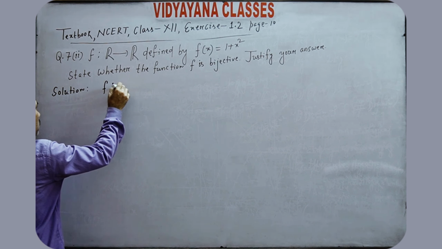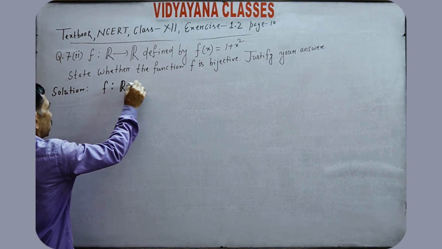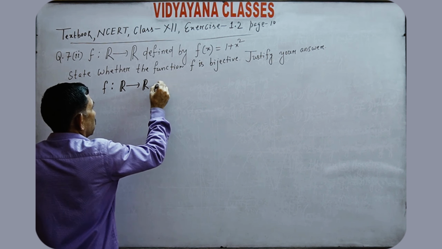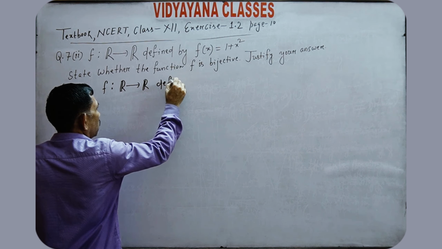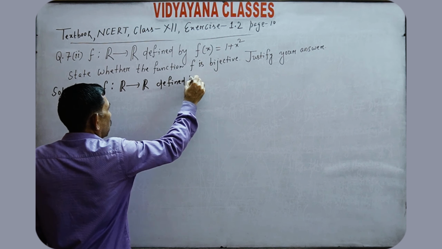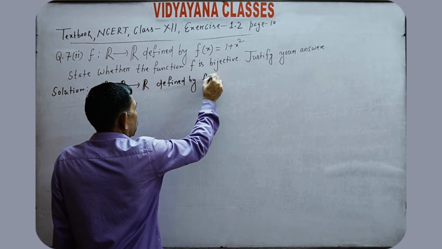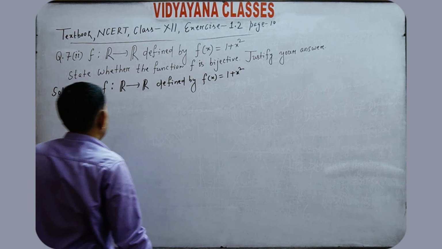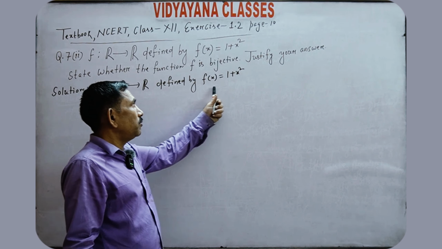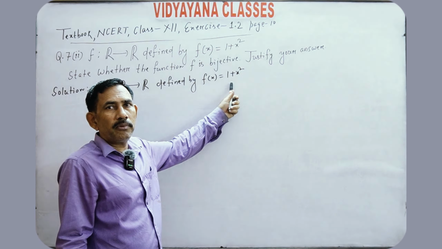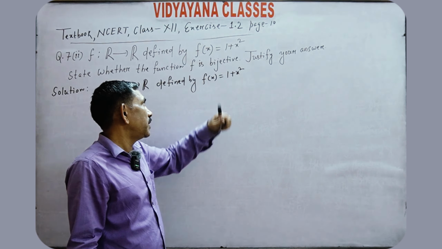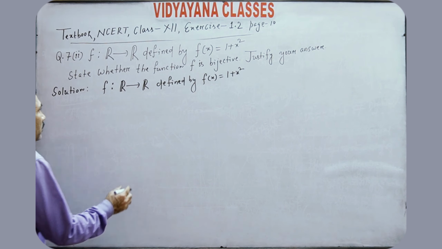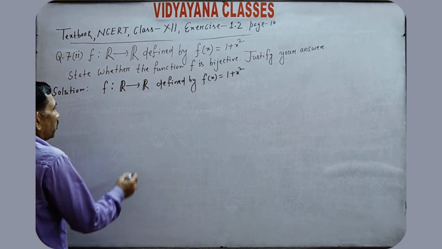f such that real set to real set defined by f(x) is equal to 1 plus x square. f(x) is equal to 1 plus x square is the equation of a parabola symmetric to the y-axis passing through (0, 1), opening upward.